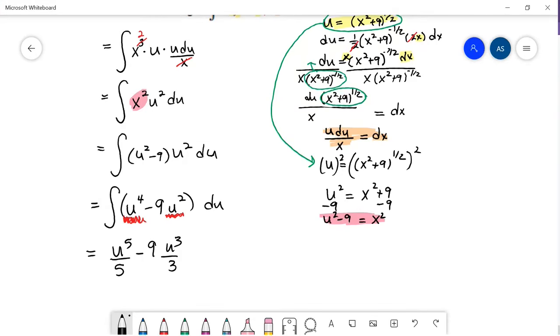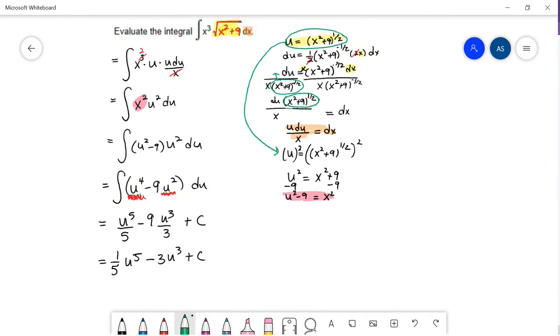So reducing, let me write it a little bit different. I'll write it as 1/5 u to the 5th. 3 goes into 9 3 times, so this is minus 3 u cubed plus c.